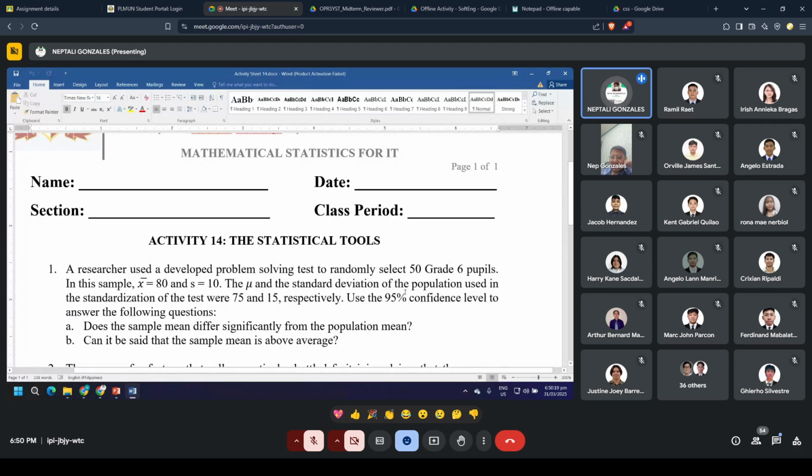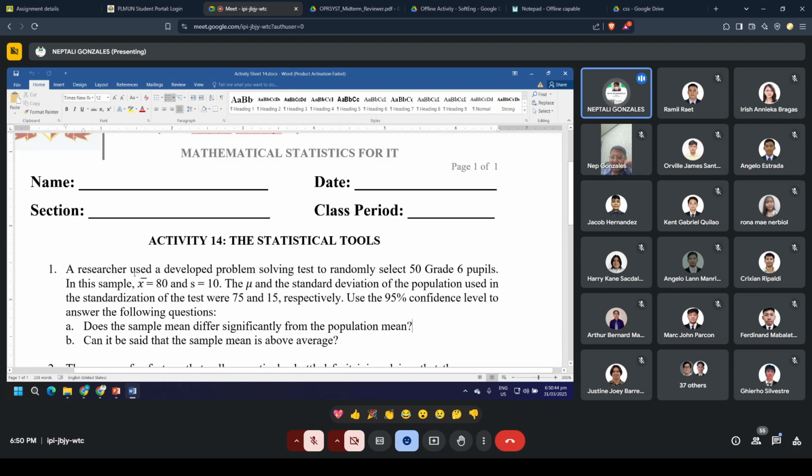Use the 95% confidence level to answer the following questions. Does the sample mean differ significantly from the population mean? O, madali na magbuo ng hypothesis. H sub O, no significant difference. The sample mean has no significant difference with the population mean.